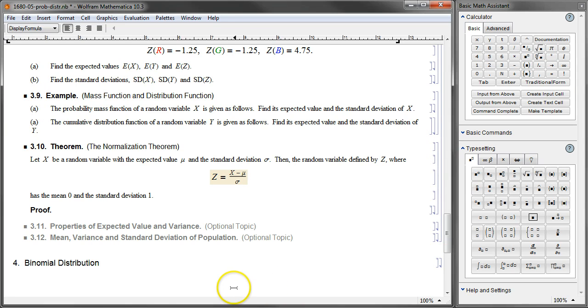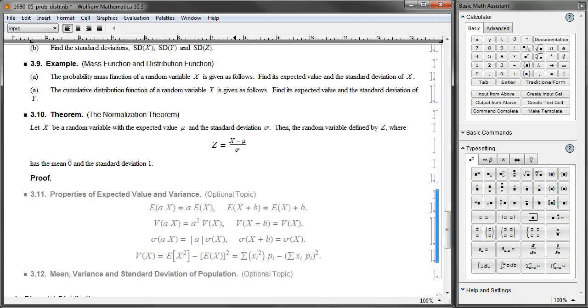Okay, we have sufficient time, so let's discuss a further optional topic here. Properties of expected value and variance. If you multiply something to the expected value, then that comes out. If you add something, well, addition is preserved. And variance is different. If you add something, that goes away.